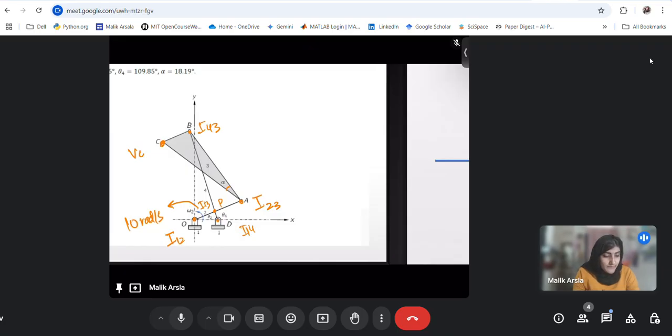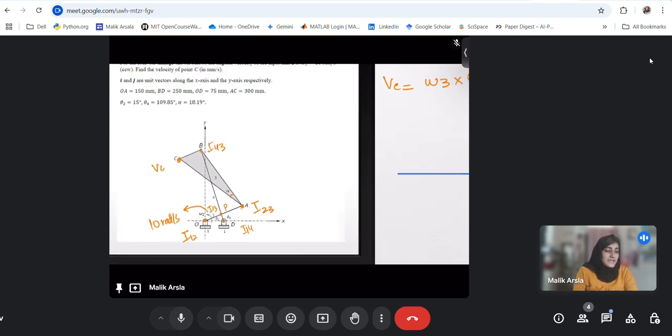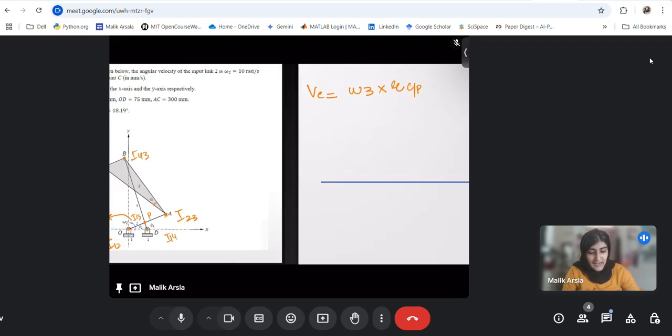So the velocity of point A can be expressed in terms of omega 2 and the distance between the IC of these two links, and in terms of omega 3 as well. So we will do it that way.